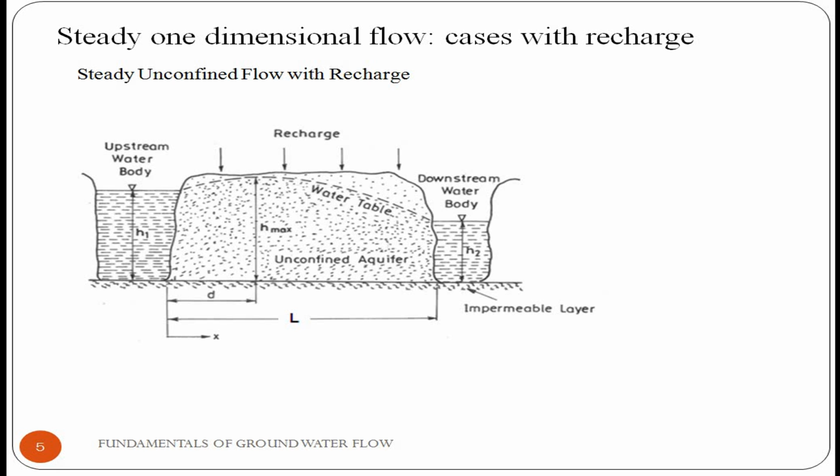Therefore, the groundwater level is a function of space only under steady state flow conditions. Steady groundwater flow occurs in an aquifer system when the rate of groundwater recharge is equal to the rate of groundwater discharge.